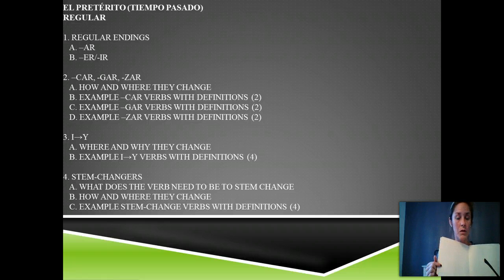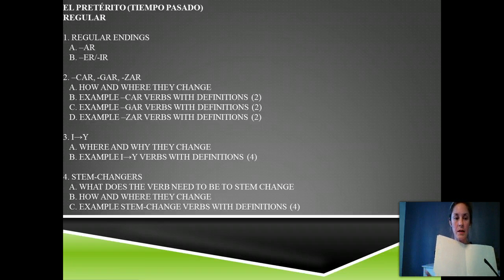A, how and where they change. B, 2 car verbs with definitions. You do not have to conjugate them out. You just need to write buscar, to look for, pescar, to fish. And then you'll do 2C, 2 gar verbs with their definitions, and 2D is 2 zar verbs with definitions.